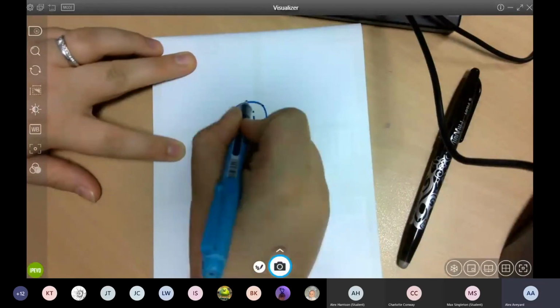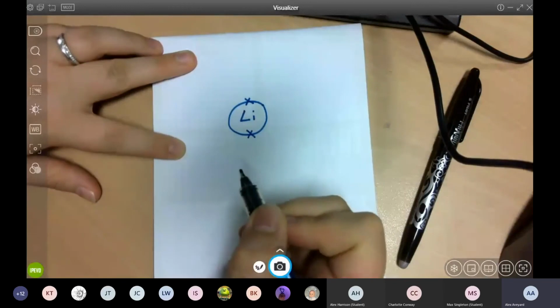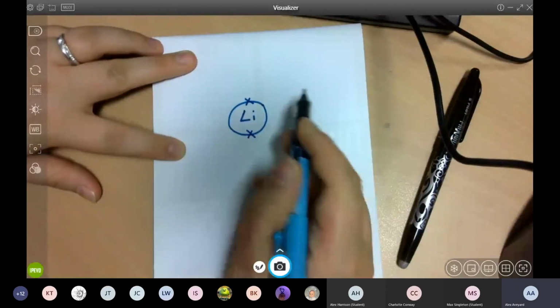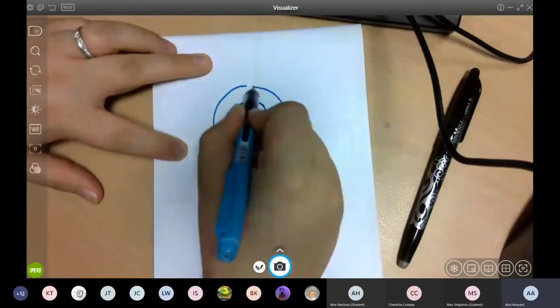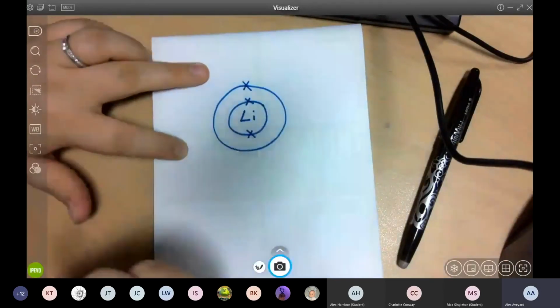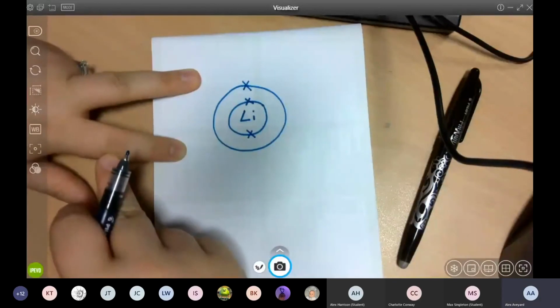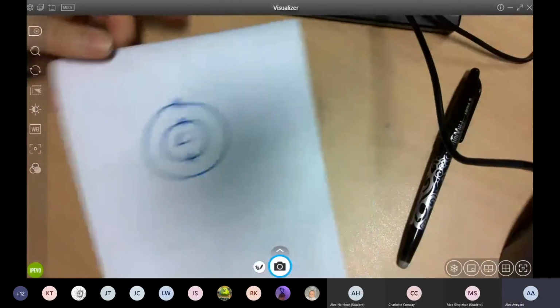I draw the first shell and I pop on the first 2 electrons. Remember, that's now full. So I have to draw a second shell and I put on a 3rd electron. That's lithium.